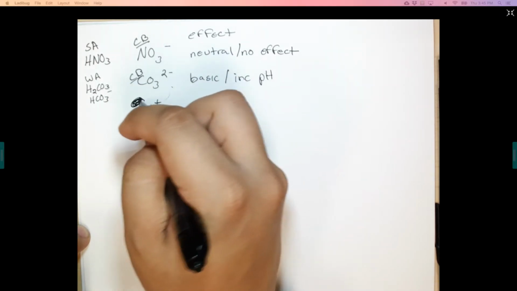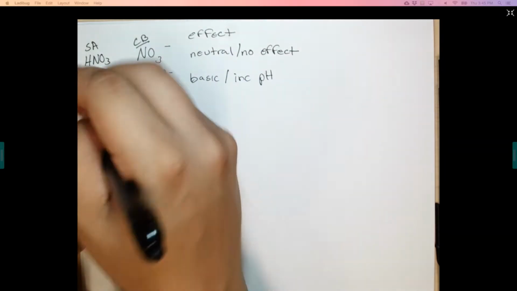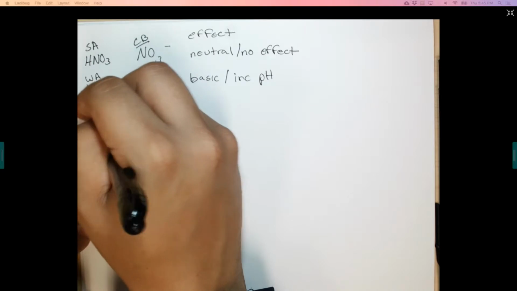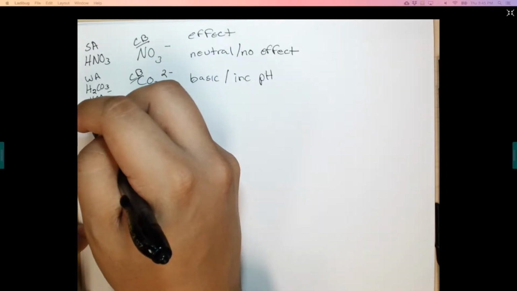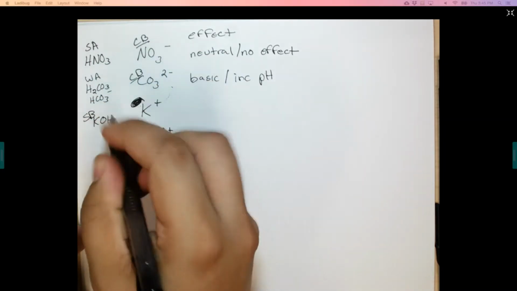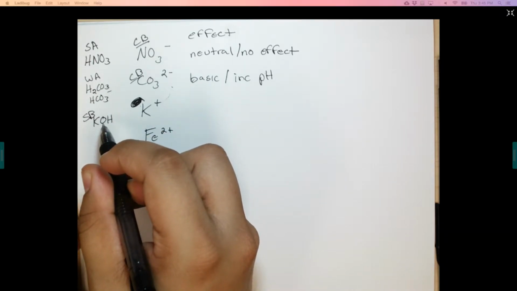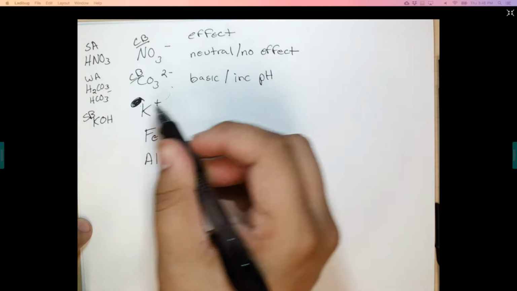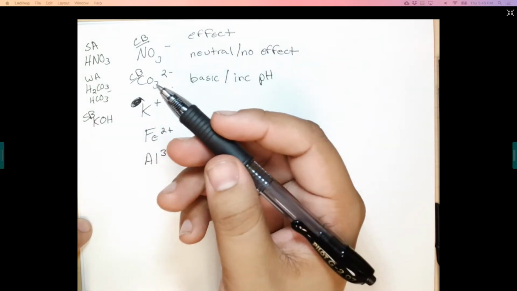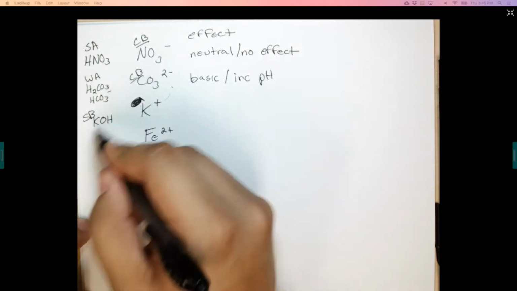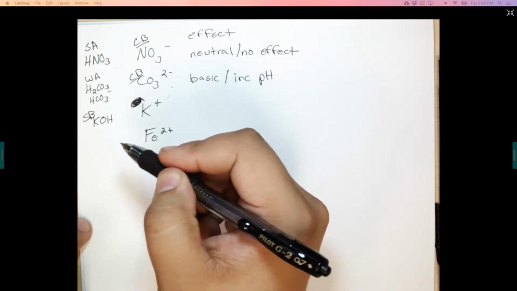K is an ion that is associated with a strong base, KOH, right? So KOH is a strong base. The conjugate acid, when KOH is involved, is going to be the K. So you can kind of say that, but H2O is a better conjugate acid.